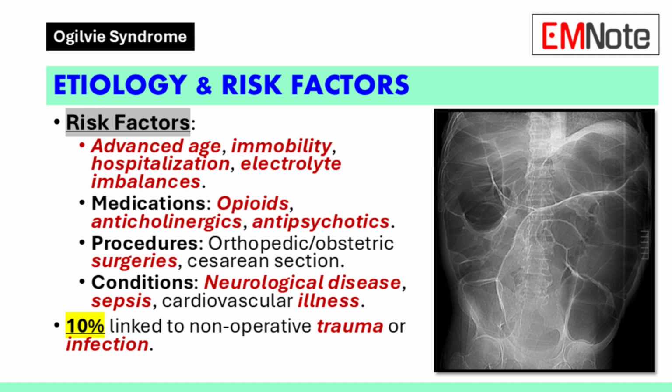Non-operative trauma, severe infections, and admissions for cardiovascular disease have been reported as predisposing factors in approximately 10% of cases in retrospective studies. Major orthopedic and obstetric procedures, including cesarean operations, are associated with this condition. Elderly adults from long-term care facilities, individuals with progressive neurological diseases, or those who have undergone recent abdominal surgery are also at increased risk.